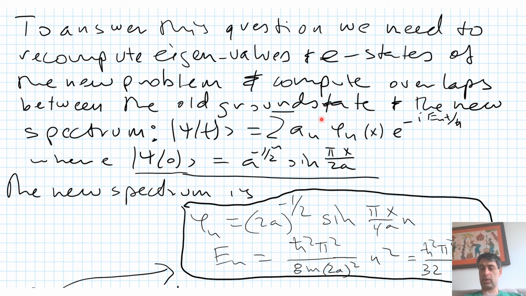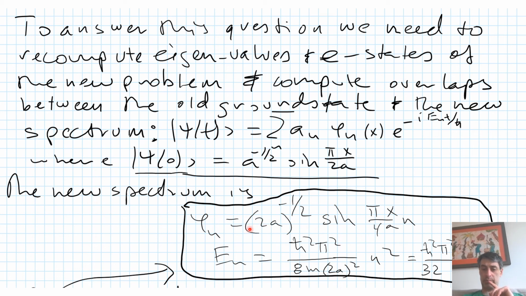The information that comes from the time-independent Schrodinger equation, of course, is phi_n and E_n. But the new extra information that comes from this quench are these amplitudes a_n. The amplitudes need to be computed, and that's basically the only new computation that we have to do in this problem.